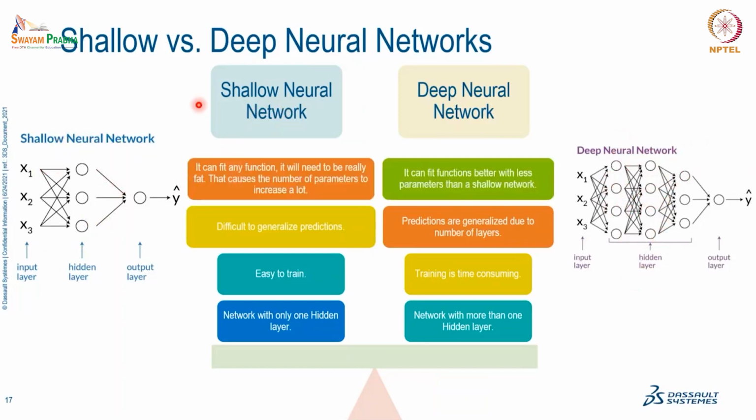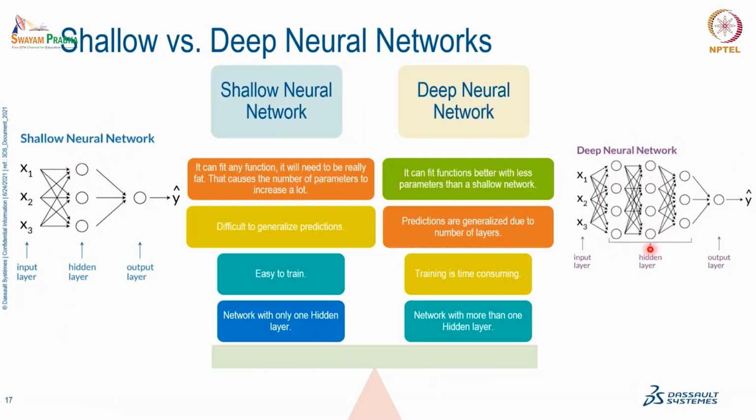In general, neural networks are also called universal approximator functions, so they can fit any function. Yes, it is true that the same thing which can be done in multiple layers can be done in one layer. But the number of neurons in this particular hidden layer will increase exponentially, and that causes many more parameters to train compared to a deep neural network.